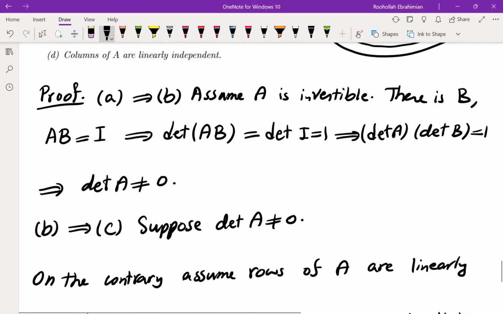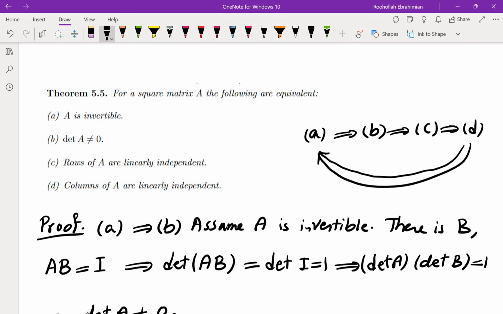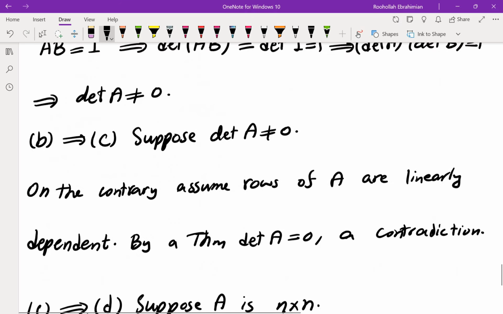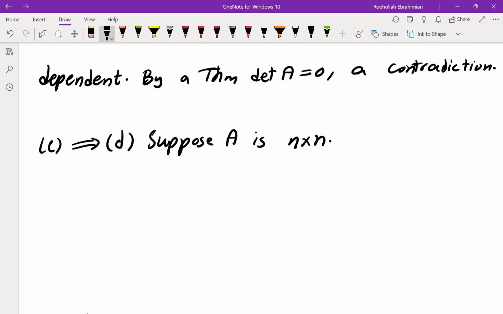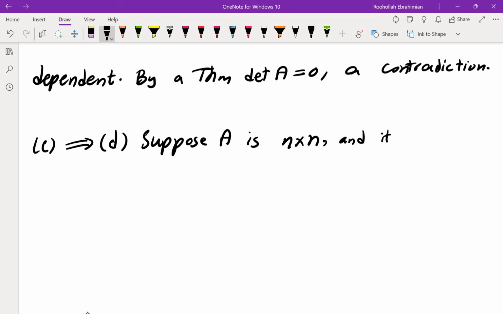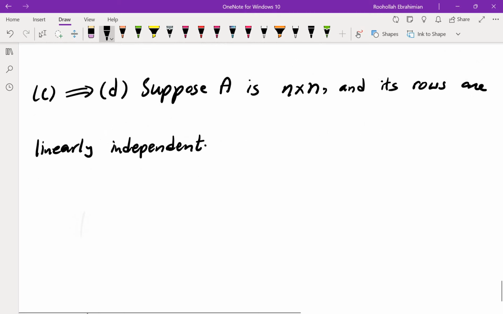We have assumed that A is a square matrix. That's crucial, because we can't really talk about determinant or invertibility for non-square matrices. So suppose A is n by n and its rows are linearly independent. I want to show that the columns are also linearly independent.